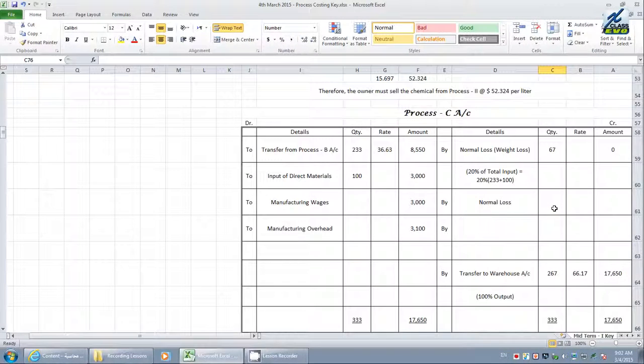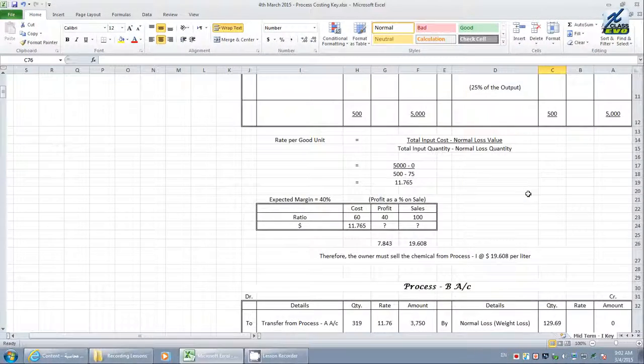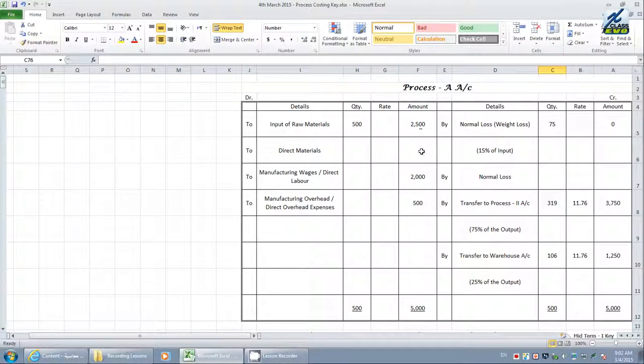In all three processes, the procedure is the same. If you understand one, everything will be easy; everything has the same structure. I explain once again: whatever the input cost into the factory in the manufacturing process is taken in here. On the credit side, you take the value of loss, with the quantum of loss.